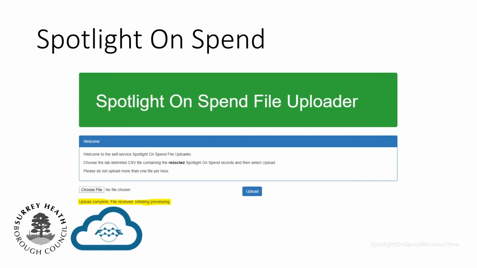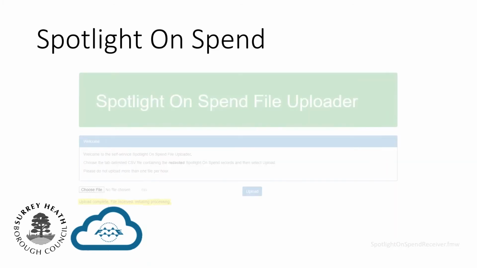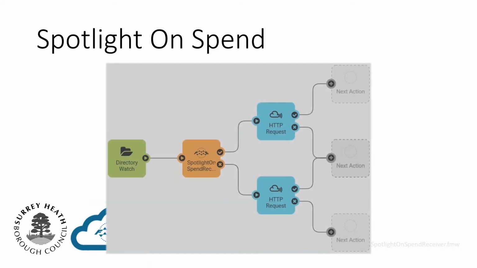And in the background, this will kick off an FME Cloud automation. This automation is just a directory watcher, really, and that polls our resources area on FME Cloud, and just waits for our redacted file to appear.